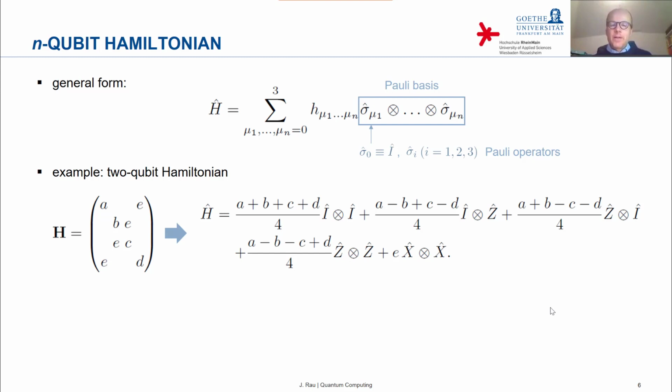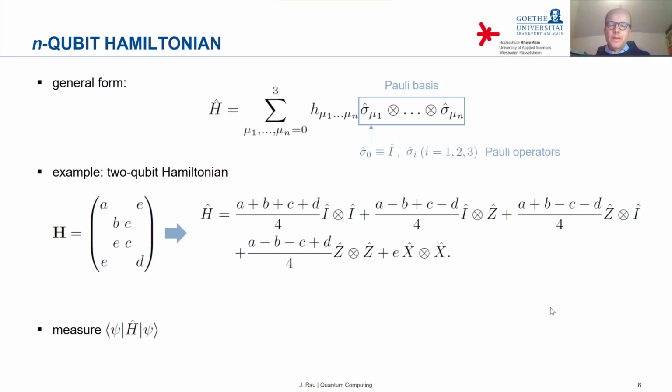When we have the Hamiltonian given in this standard form with the Pauli basis, then this opens a possibility, a path for how we can determine the expectation value in a given many-qubit state in the following sense. So we want to determine, calculate or measure the energy expectation value, the expectation value of the Hamiltonian.